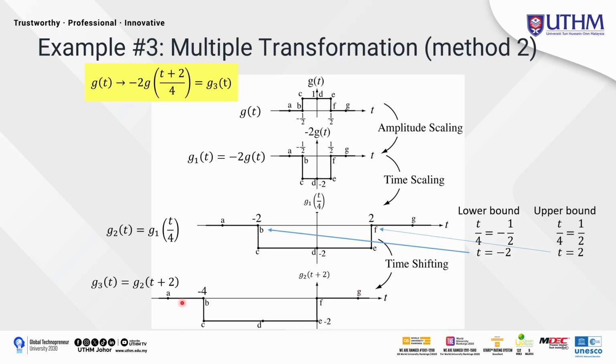So this is the final answer, from negative 4 to 0. So it doesn't matter whether you use method 1 or method 2, you will get the same answer. Just that the format you use for method 2 is different from the format of the signal you use for method 1.